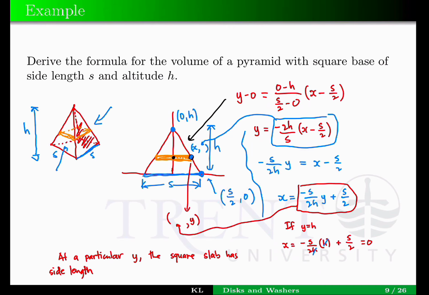So that will be 2x, which is equal to negative s over h times y plus s.